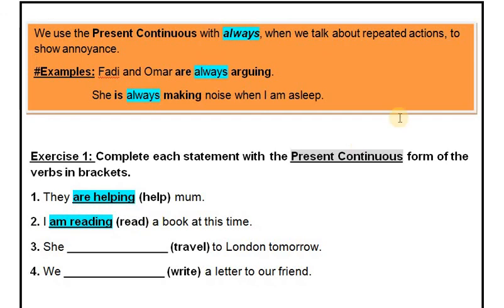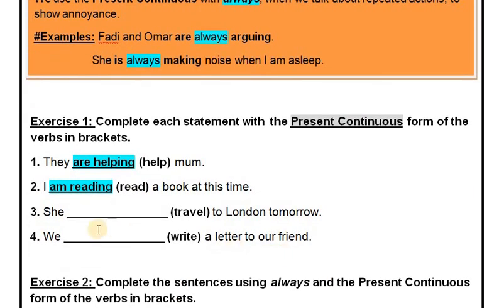The third one. She traveled to London tomorrow. What do you think? First of all, look at the subject, please. Where is the subject? The subject is she.